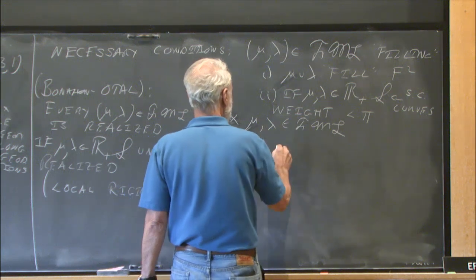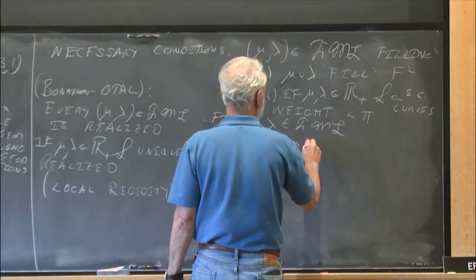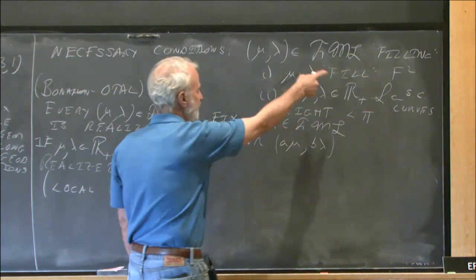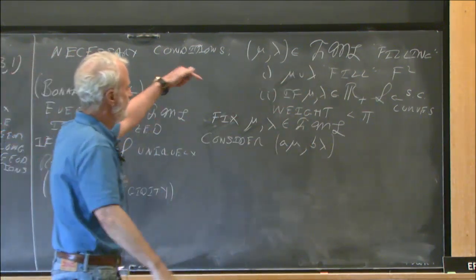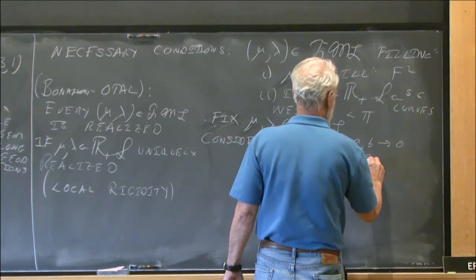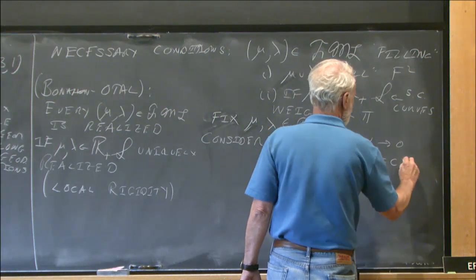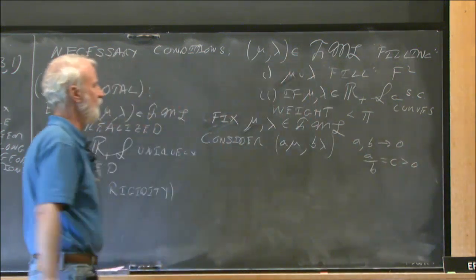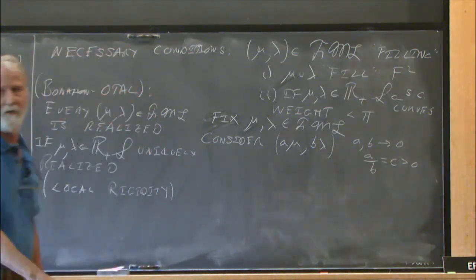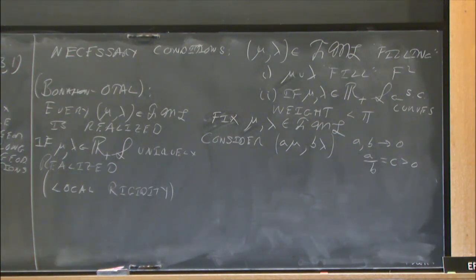So I'm just going to change the measures, where A and B are going to go to 0, and I'm going to have them go to 0 in a uniform way. I'll say in a second. It comes from doubling and so on, but I'm going to do that in a second on the next board.